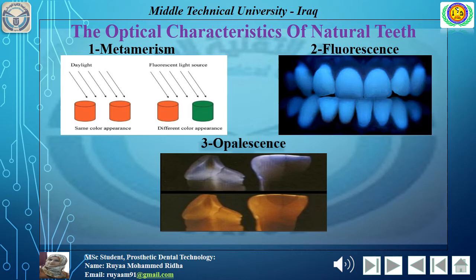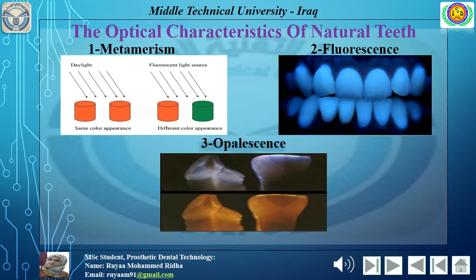Yellow objects normally reflect yellow light, but some may actually absorb yellow light and reflect orange or green color. The problems of metamerism can be avoided by selecting a shade and confirming it under different lighting conditions, for example, natural daylight and fluorescent light.